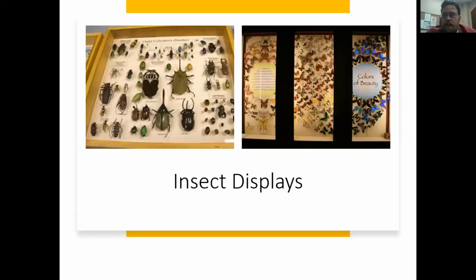Just kind of another interesting thing, are all these really nice insect displays that you can see. And often you can go places and they'll have insectariums where these are displayed. Down in New Orleans, they have a really great insectarium with some really interesting collections of all the great diversity.